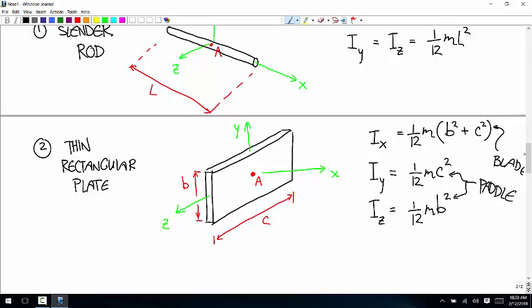When you have to do that in three dimensions, the mass moment of inertia is a matrix, not a number. We're only going to do two-dimensional. In the past, I used to do a little bit of three-dimensional, but I'm replacing it with something else this semester.